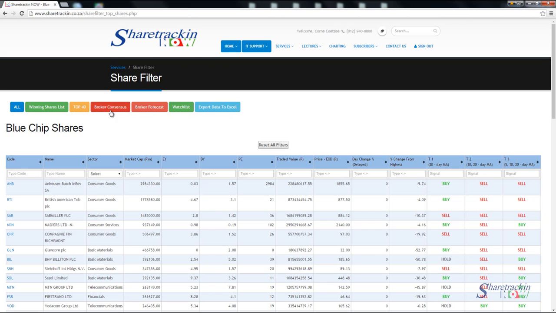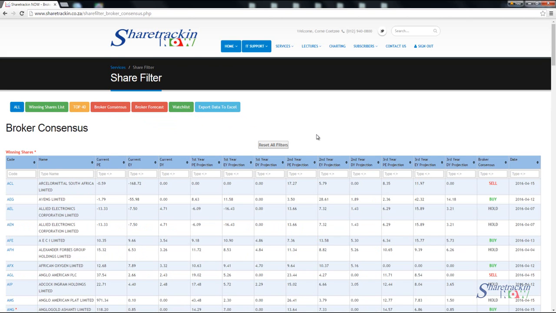If we click on the broker consensus, you'll notice that both your broker consensus and your broker forecast give you a 3-year forecast of what we can expect, based on the previous financials. What can we expect the company to do in the next 3 years going forward? Now remember, these figures will always change each financial year because it's impossible to be 100% accurate on how a company will perform financially.